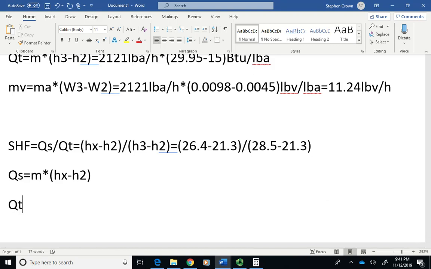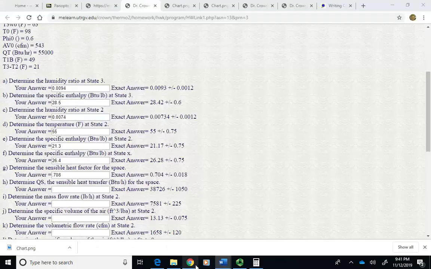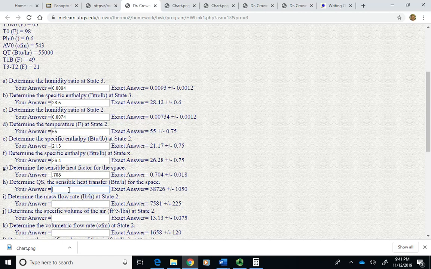And then Q total would be M times H3 minus H2. So that's the sensible. And apparently I need the mass flow rate first. So need to find that, kind of given in reverse order. Let's see, actually that works okay.